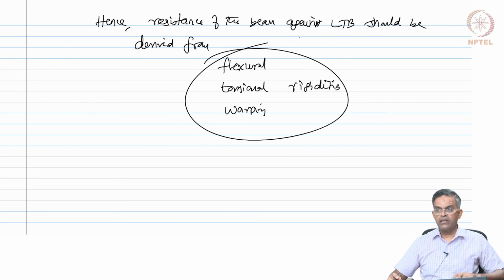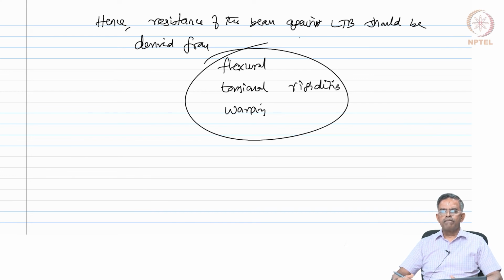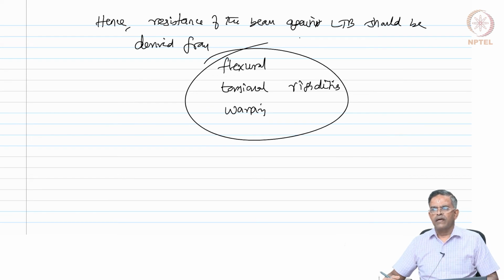That is very important. There are three components that contribute to the resistance of the beam subjected to lateral torsional buckling. The phenomenon of lateral torsional buckling is important in design and it should be controlled. That is a very serious concern in design.